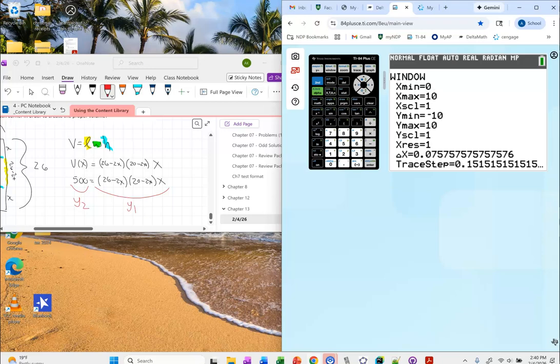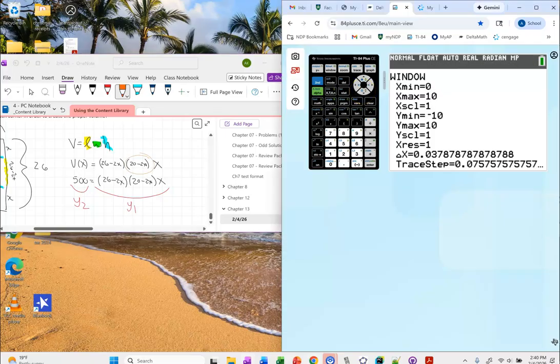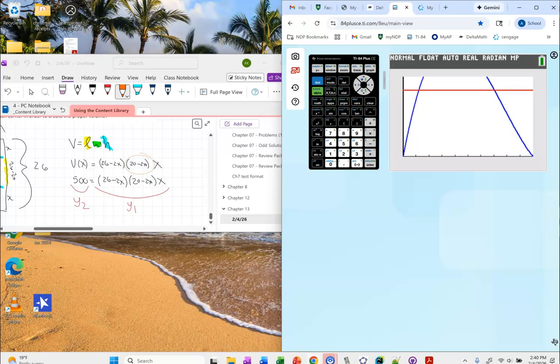Because if x is bigger than 10, that'd be negative, and we're going to have a negative volume, and we know that can't happen. Everybody feel good? Now, what y value do you know we have to get at least to? 500. So I'm just going to set my y max to like 600 or something. Sound good? Let's hit graph.